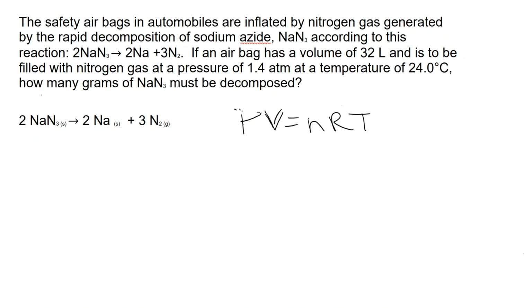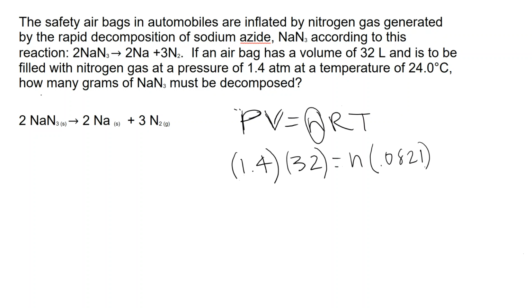Pressure has been given to us, 1.4 atmospheres. Volume is given, 32 liters. N is what we'll be solving for, the number of moles. R, the ideal gas constant, is 0.0821, and T is temperature, which, a reminder, must be in Kelvin.